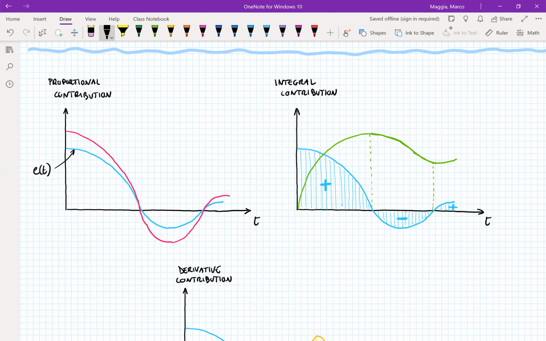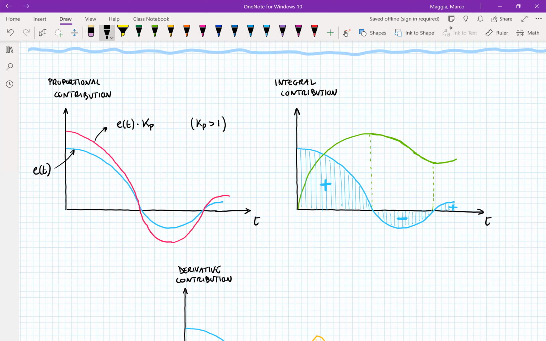So the proportional part of it, this reddish curve here, is going to be the error itself multiplied by Kp. In this case, I'm using a Kp that is greater than 1, so I'm amplifying the error function.